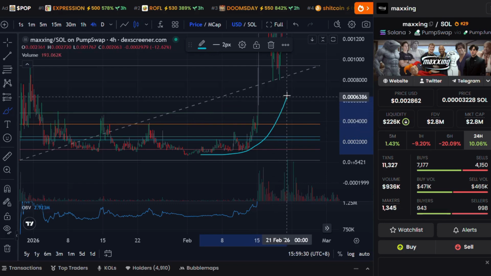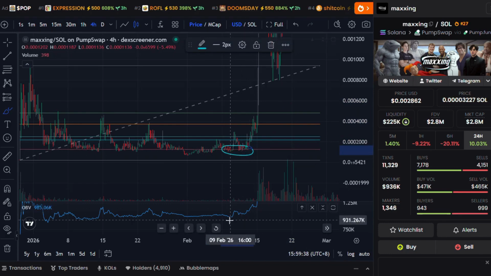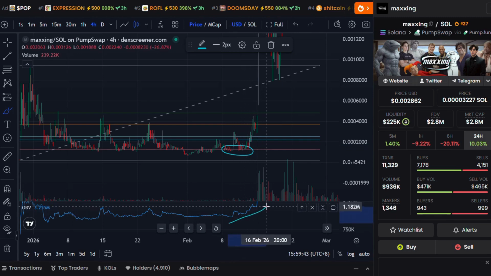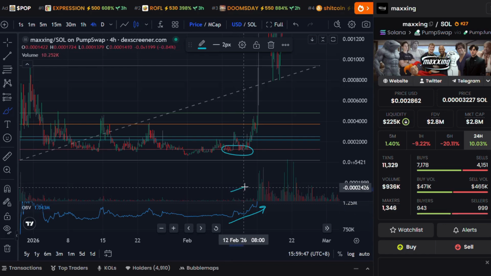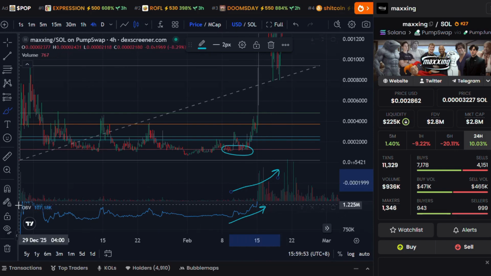On the maxing chart, once price reclaims the 0.886 level, the structure begins to shift. What previously looked like a failed trend now begins forming a recovery structure. But price alone is not enough confirmation. This is where we bring in the OBV indicator.